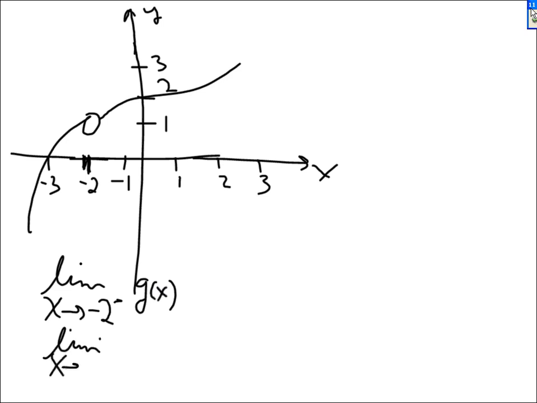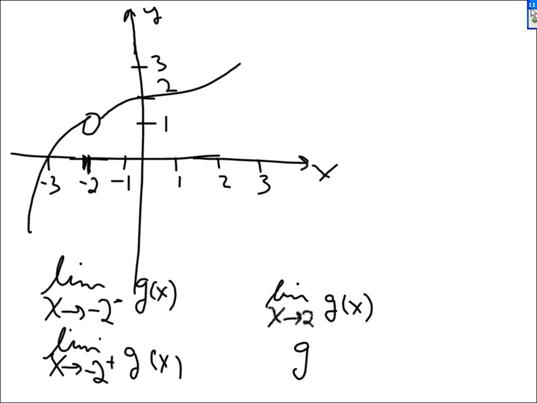The limit as x approaches this negative number, but from above, just above. And what is just the good old limit as x goes to negative 2 of g of x? And what is g of negative 2?